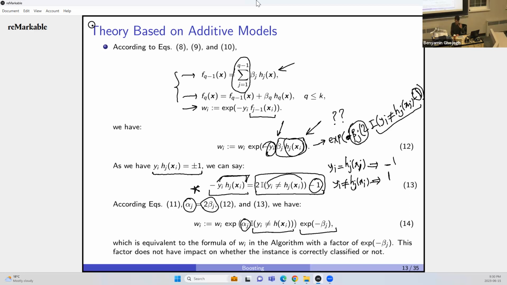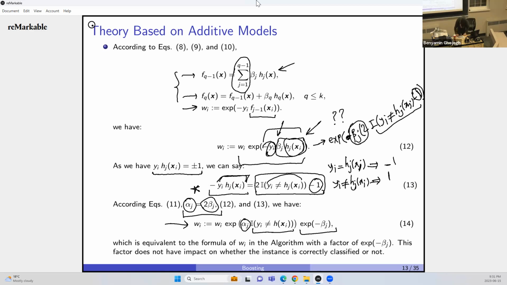Everything clear? Simply replace minus y_i h_j(x_i) inside the exponential with equation 13, and note that alpha_j equals 2 beta_j. You will end up with equation 14.